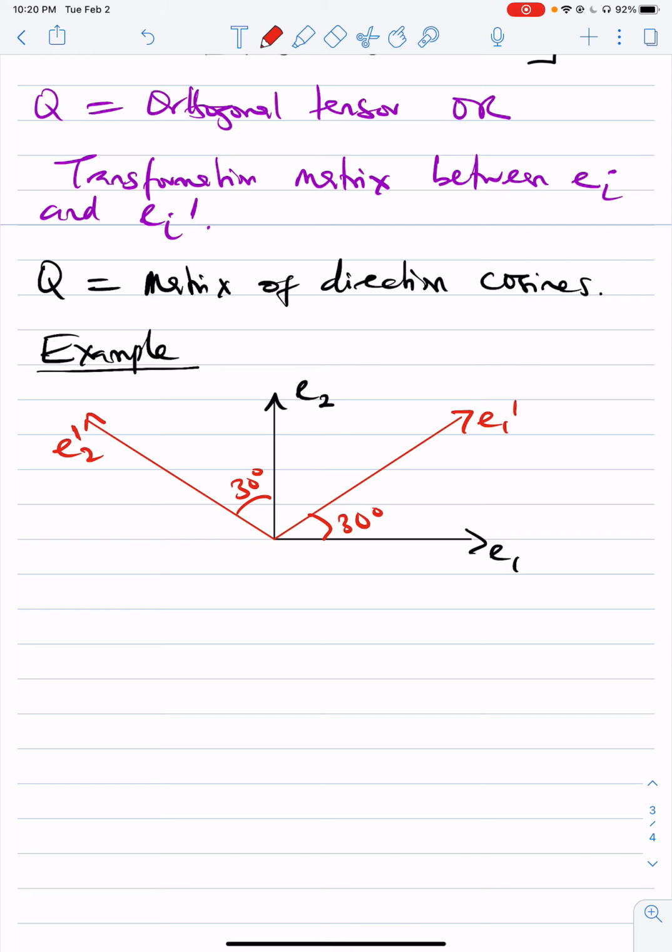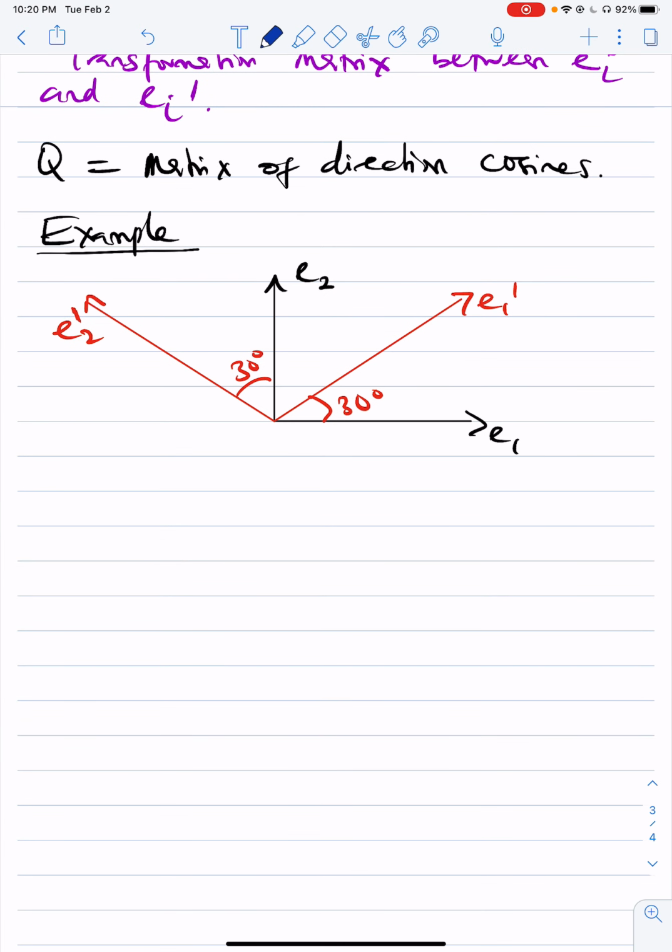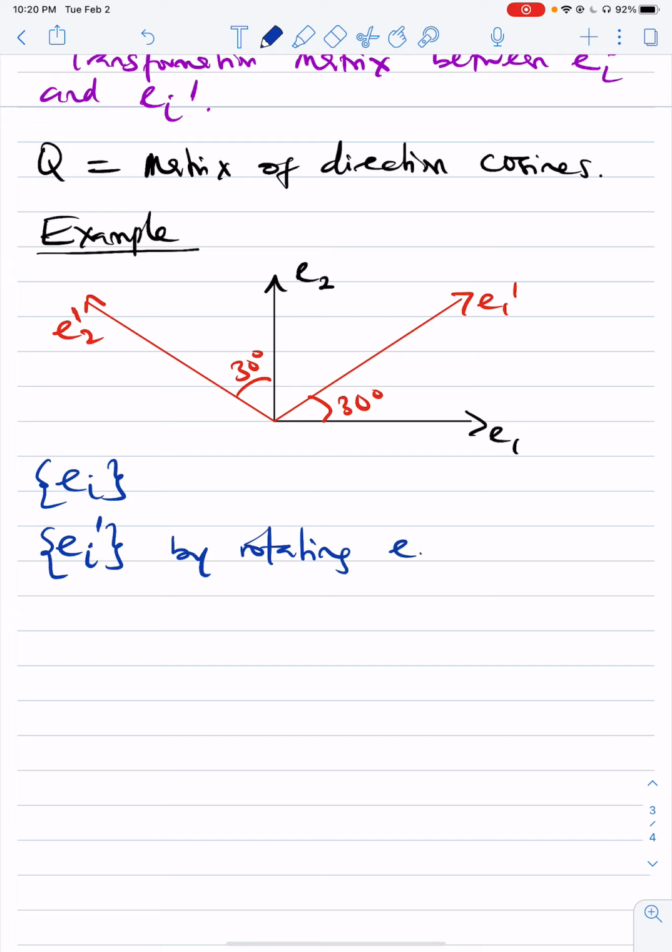But because we are going to be rotating about that, let me write that out in explicit terms. We have E1, and we've obtained E1 prime by rotating Ei about the E3 axis.